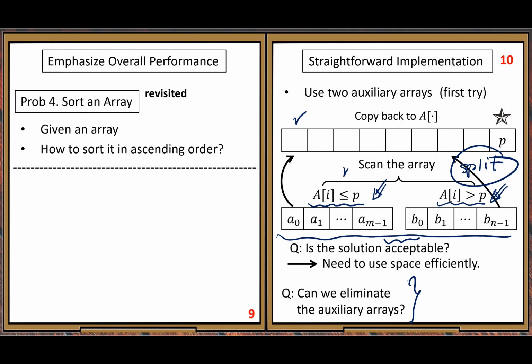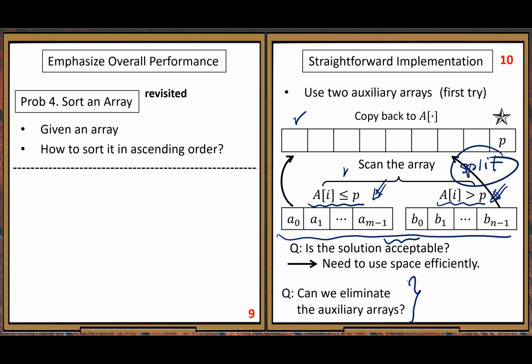The idea is actually pretty simple. We just use the space in the original given array in an efficient way. We do not need to copy data from the original array to auxiliary arrays. That's the main point.